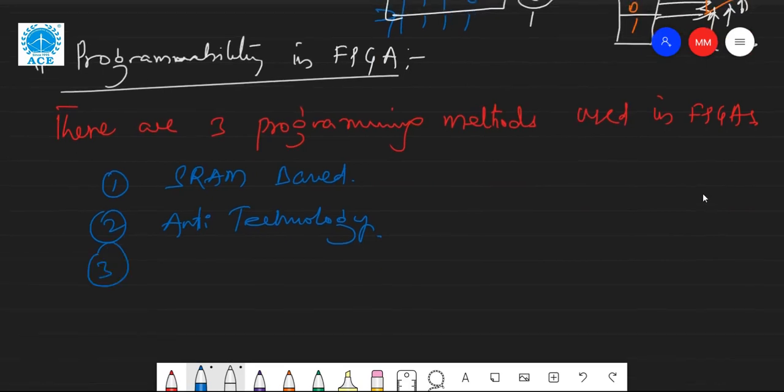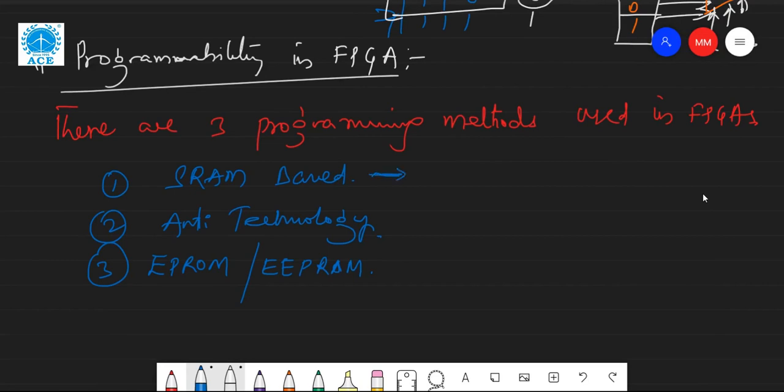The third one is EPROM. See here, SRAM based is a wonderful technology.